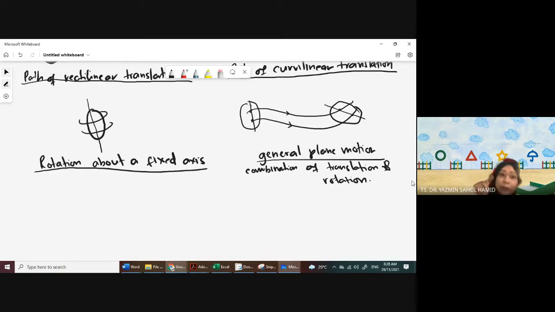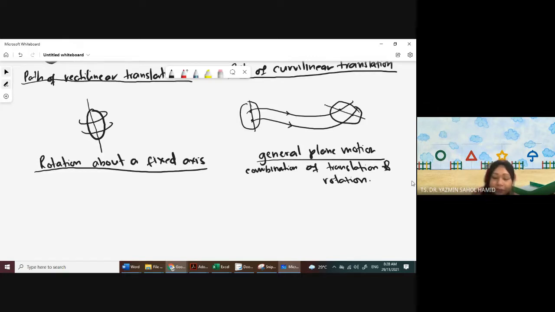Dia rotate betul tak? Gear tu, tapi dia fix. Dia tak translate. Gear tu dia tak bergerak ke another position. Dia tak translate. Tapi dia rotate at a fixed axis. Betul tak? Okay. So those are examples of apa? Examples lah.